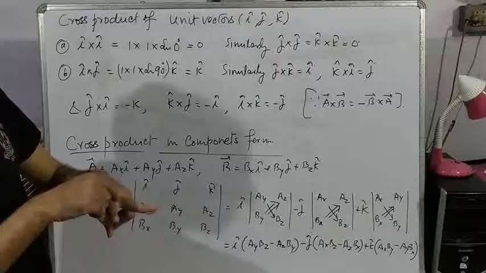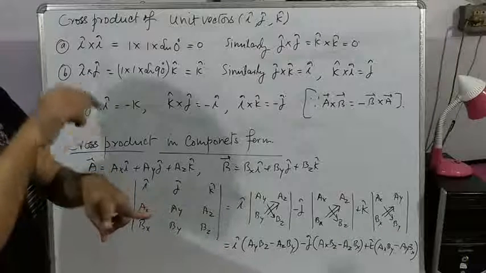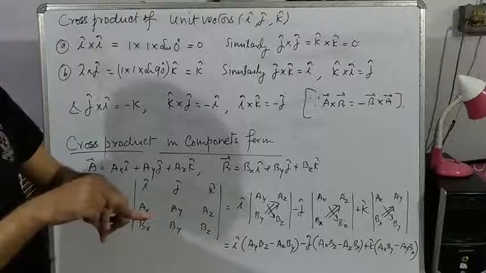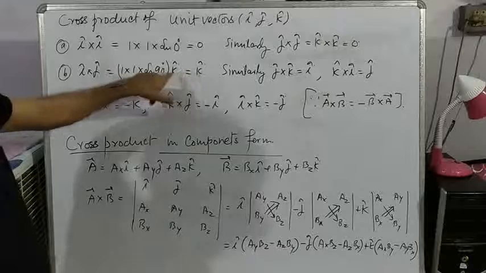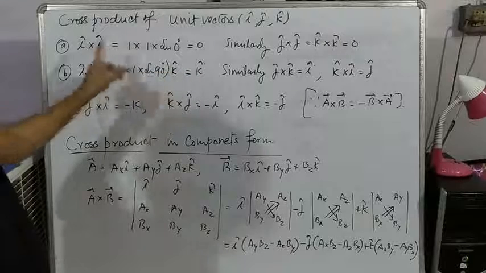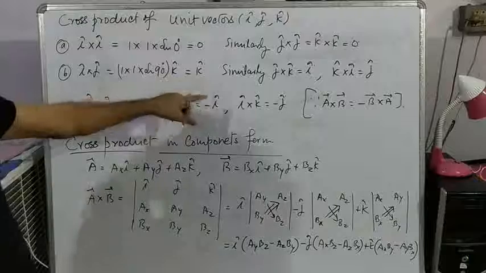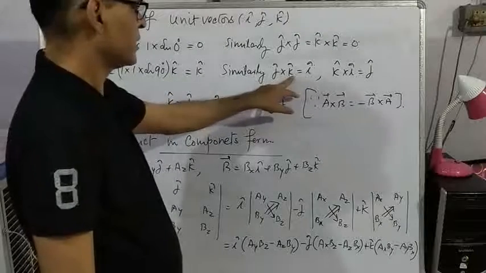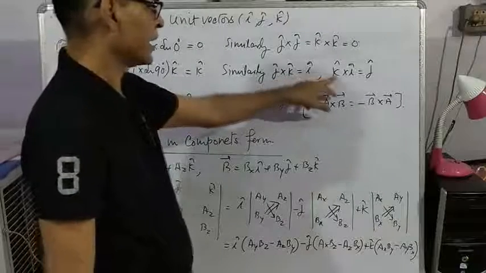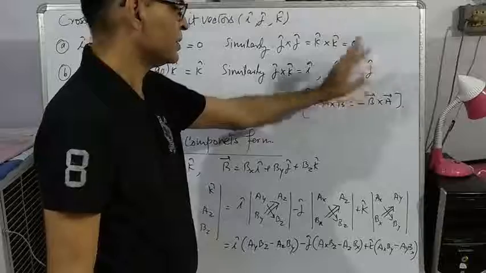So unit vector should be along z-axis, and that unit vector is k cap. So here we will write k cap. So I cross J becomes k cap. Similarly, J cross K is I cap, K cross I is equal to J cap.